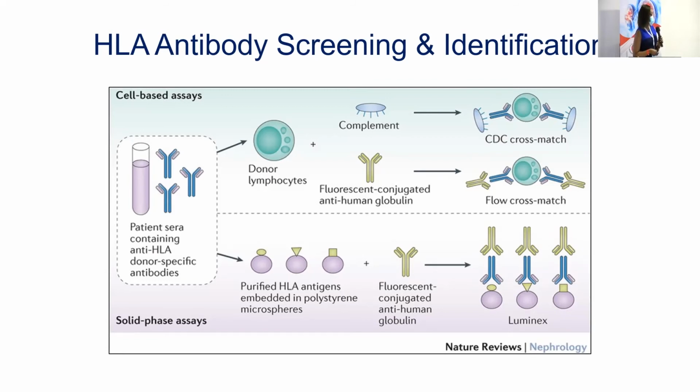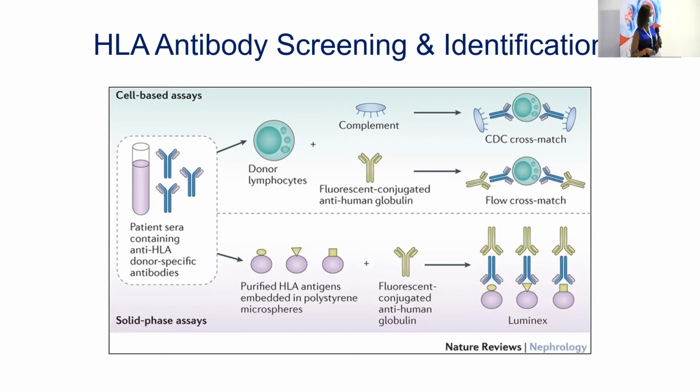So that is the complement-dependent cytotoxicity assay. It can be used for antibody screening, but cannot really help identify the antibodies. This is the basic cross-match that we talk about that is performed pre-transplant. A better, more sensitive assay is the flow cytometry-based cross-match, where they still use the donor lymphocytes.